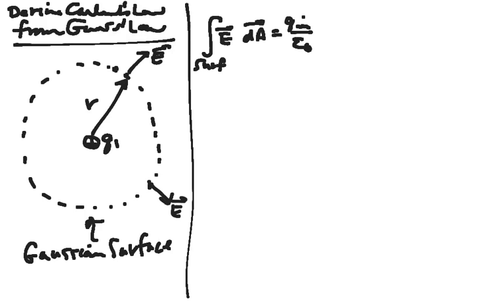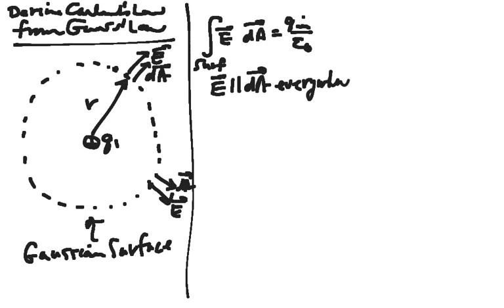And since it's a spherical surface, the area vector will be going radially outward as well. It will be normal to the surface everywhere. Hence, the E field will be parallel to the area vector everywhere on this surface.